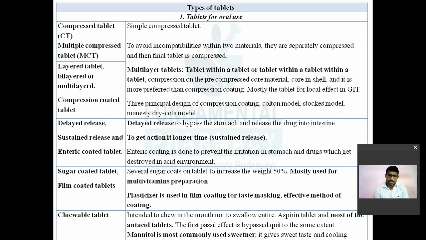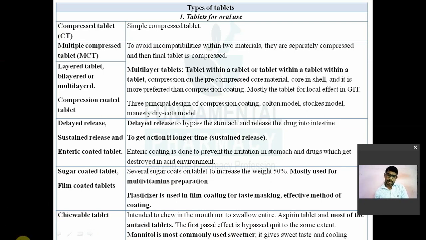Mostly there is one common sweetener used in chewable tablets, and that is mannitol. Mannitol is the commonly used sweetener in chewable tablets. Remember, a question comes on this. So mannitol is the most commonly used sweetener in chewable tablets. Why? Because mannitol has a sweet taste.